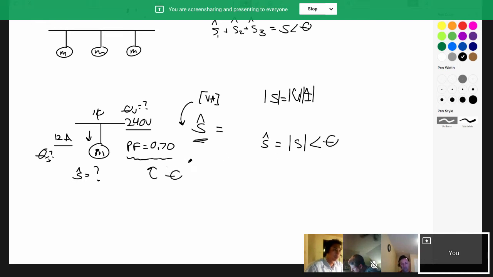See that? So we could say our magnitude of power would equal our voltage, 240 volts, times what's our current? 12 amps. Someone go ahead and knock that out in the calculator. Let me know what you get, then tell me what the units are.